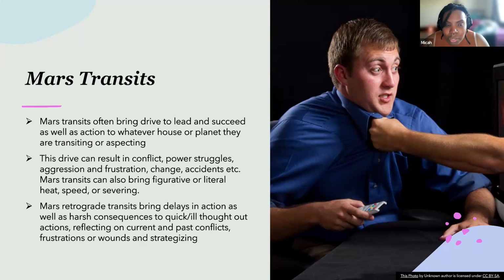It probably will not turn out well in the long run once Mars goes direct, because you'll learn that possibly there was something you were unaware of, or that a better situation could have been made out of the situation if you had waited. Because Mars retrograde is asking you to take time to reflect and take on more of a Mars-Saturn energy, to take time and think and calculate long term about your actions.